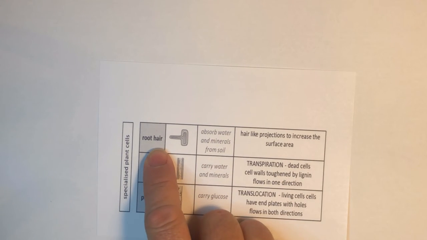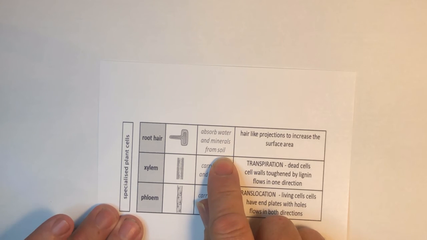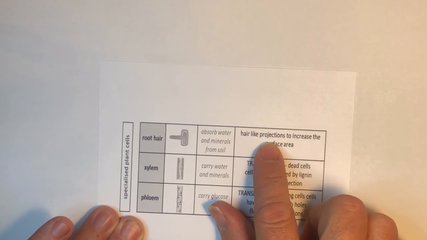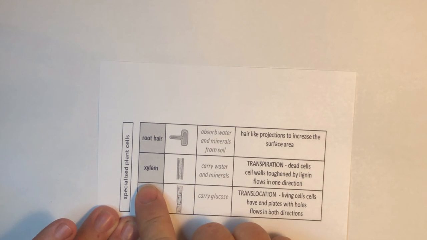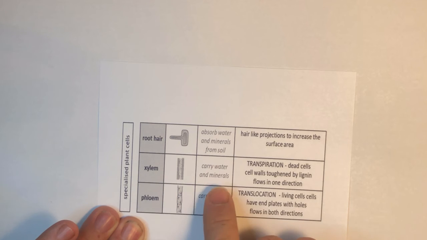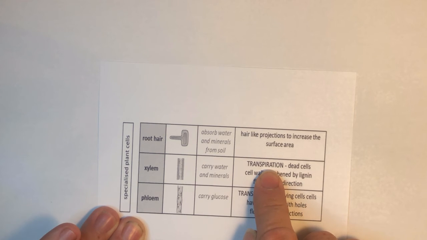The specialisms of plant cells. A root hair, its role is to absorb water and minerals from the soil. Its specialism is the fact that it has hair-like projections to increase the surface area. Xylem is the exit one. Its role is to carry water and minerals, basically up from the soil, and this is called transpiration.